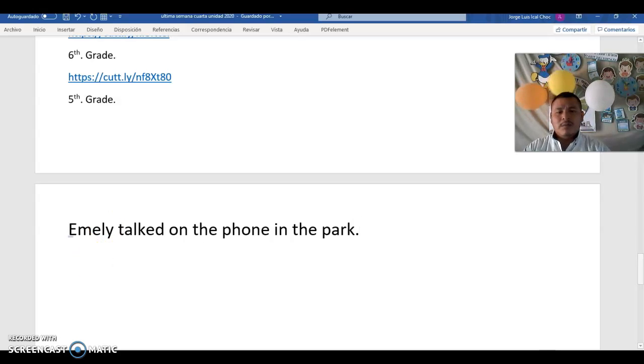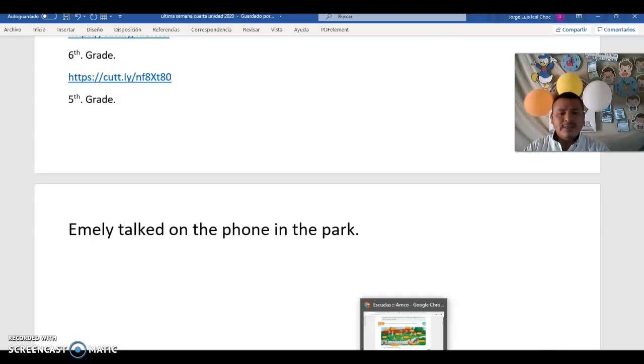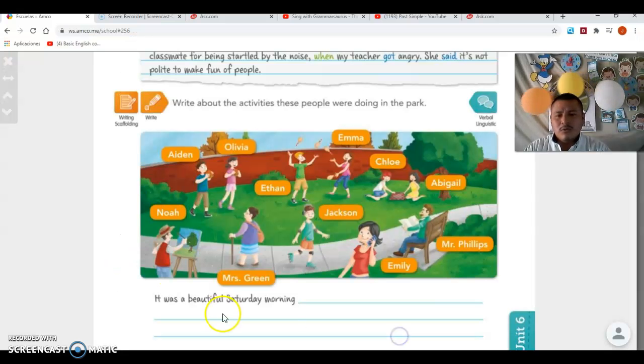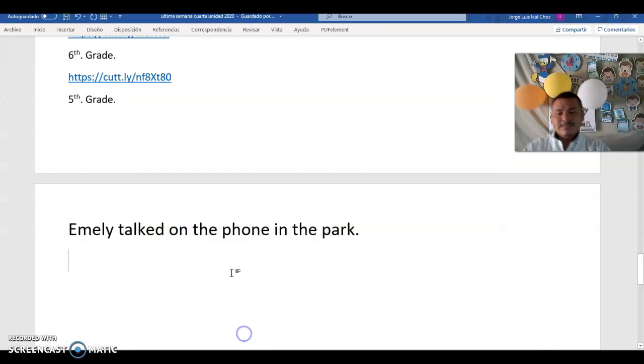Okay, so I'm gonna give you another example with Noah. What is he doing right there? What was he doing? So what do you think Noah was doing? I'm gonna give you another example with past progressive. Okay, so let's see.